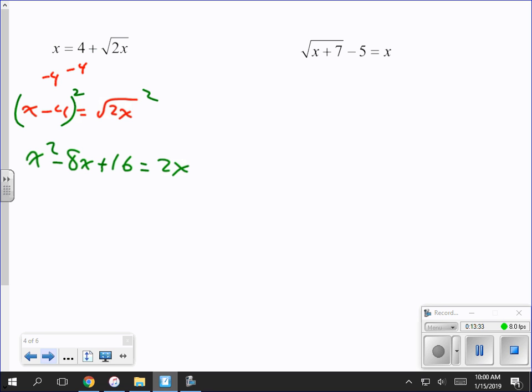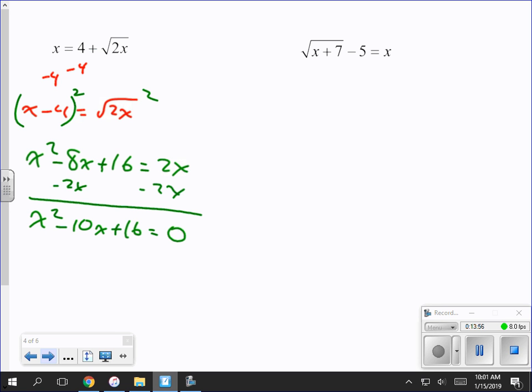And you have a quadratic you have to solve. First step in solving a quadratic, set it equal to 0. So I subtract 2x from both sides. And I get x squared minus 10x plus 16 equals nada.